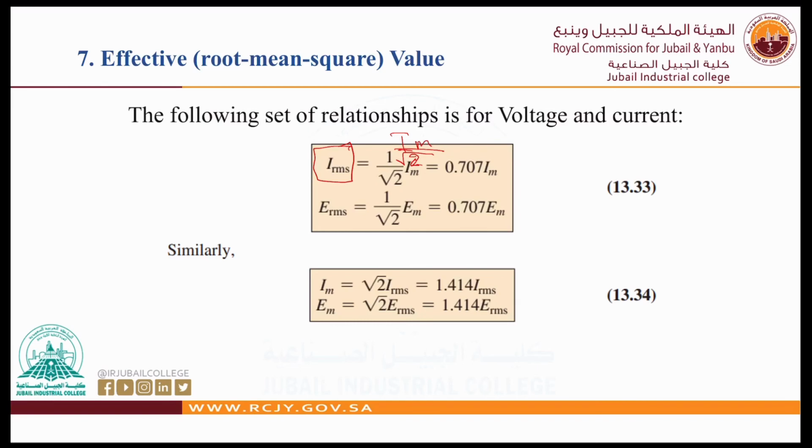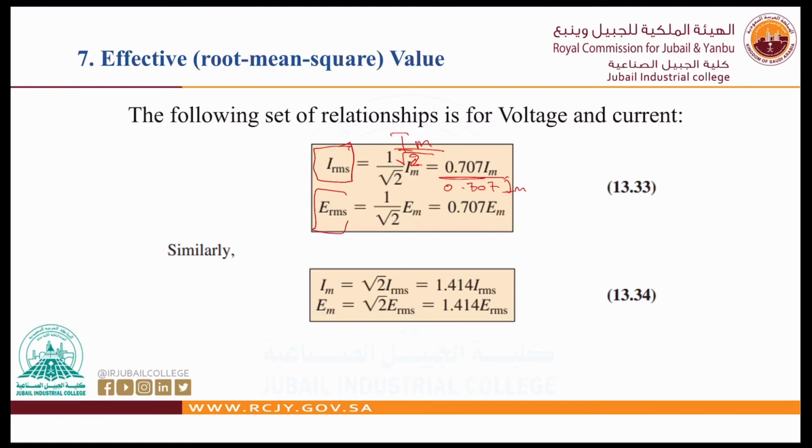Or I should use this number, 0.707 multiplied by IM. It is the same. You can memorize it as IM over root 2, or multiplying 0.707 by the maximum current. For the voltage it is the same.